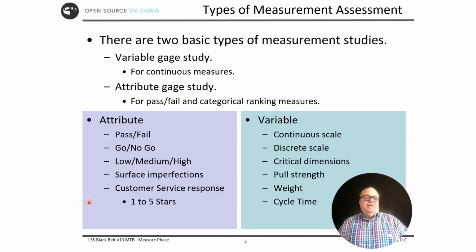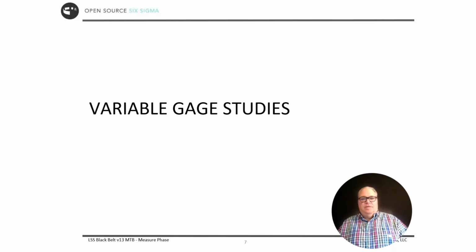And then on the other side, where I have just its go, no go, pass or fail, all the way up to some type of ordinal scale, would be for an attribute study. So we are going to start on the variable side, things like cycle time, pressure, weight, other things that I can measure where I can take the measurement, divide it by 2, and it still makes some logical sense.